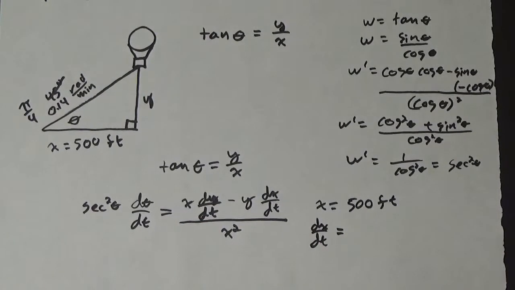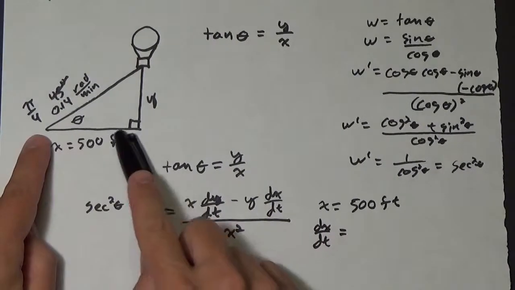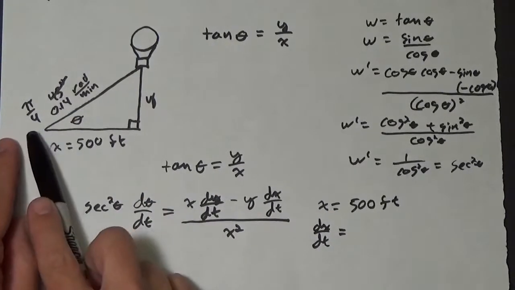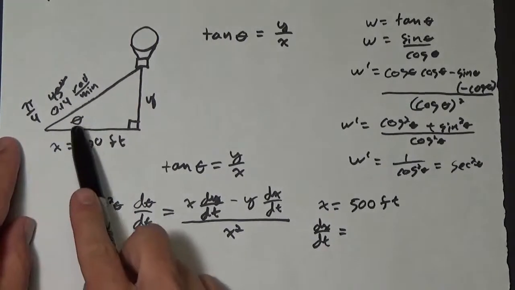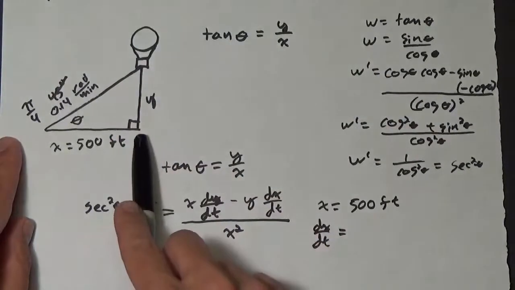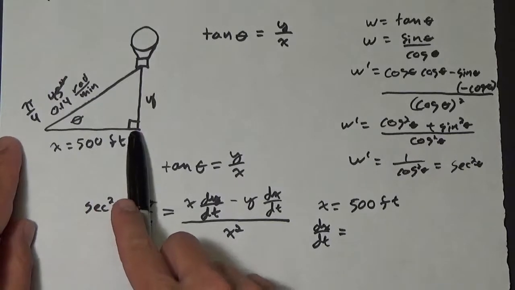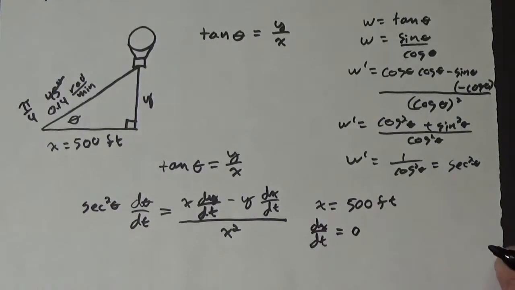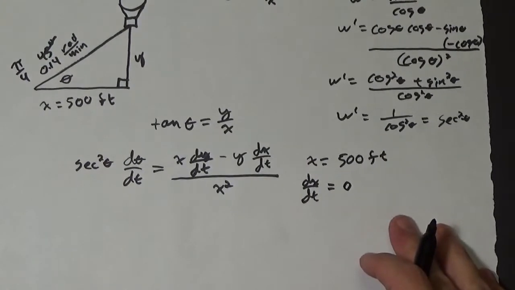That's the rate that our x is changing. If you think about it, we're measuring this angle. The balloon is going straight up according to our problem. So that means dx/dt is not changing, so it's actually 0. That'll make things a little bit easier.